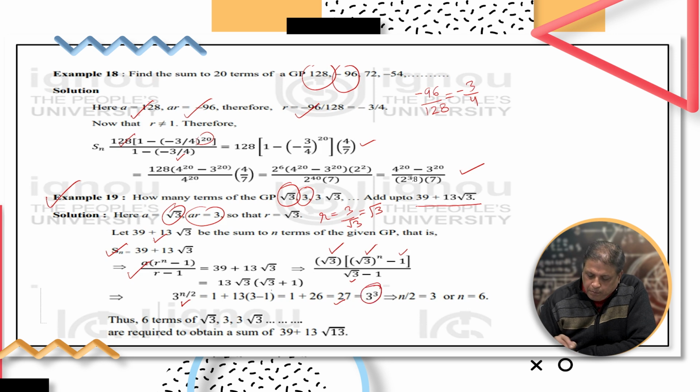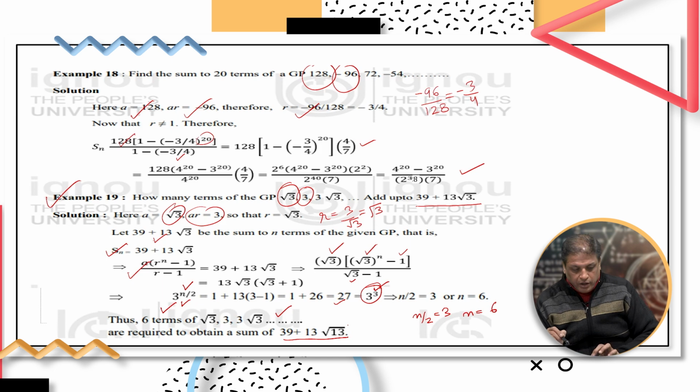So, by comparing the powers, over here the power of 3 is n by 2, and over here the exponent value is 3. So n by 2 is equal to 3, that means n is equal to 6. So it requires 6 terms of this geometric progression to obtain the sum equal to 39 plus 13 root 3.